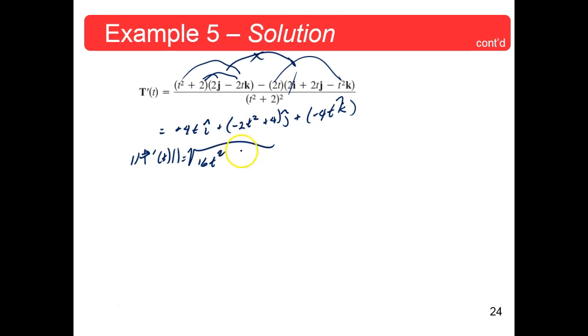You're going to square that, plus 4t fourth. That's the first one squared. Plus 16 t squared.